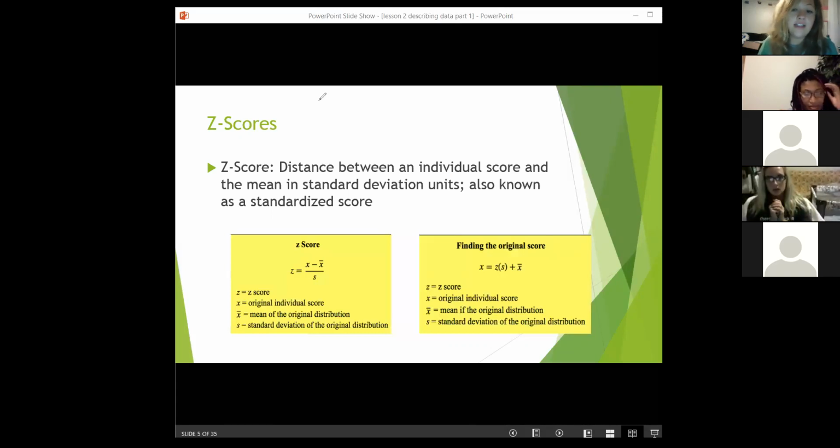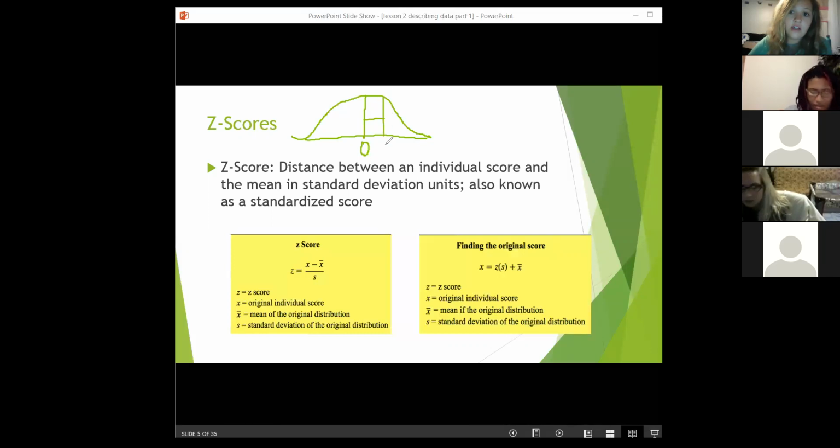So, like I said, it's the difference between the individual score and the mean. If we draw a normal curve here, your z-score is always going to be where you have a mean of 0, and then out here your standard deviation would be 1.